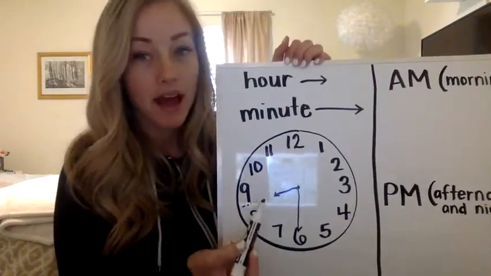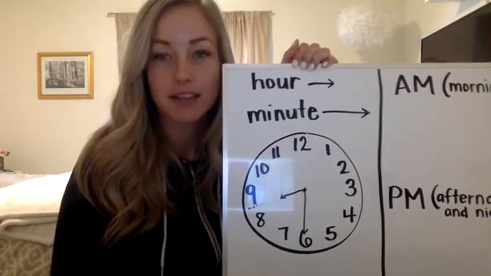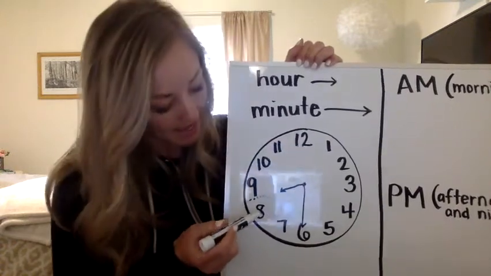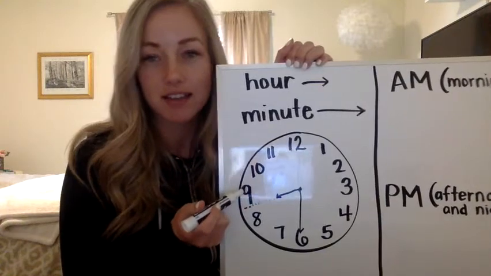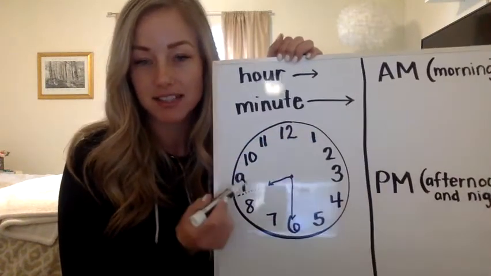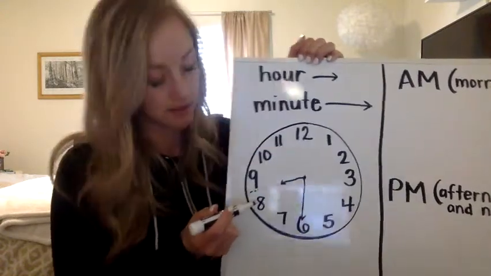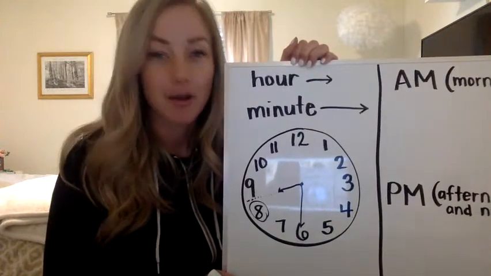Okay, the hour hand goes by the smaller number. Okay, so if it's in between two numbers, you go with the smaller number because it hasn't gotten to the big number yet. So it hasn't gotten to 9 o'clock yet, so it can't be 9:30 because the hour hand hasn't even reached the 9 yet. So it's going to be 8:30, okay? So you go by the smaller number. I hope that makes sense.